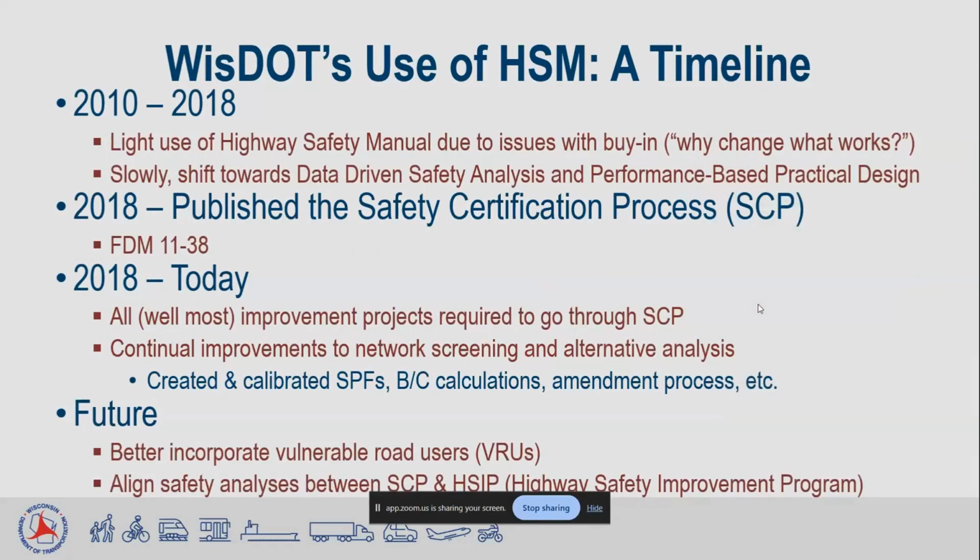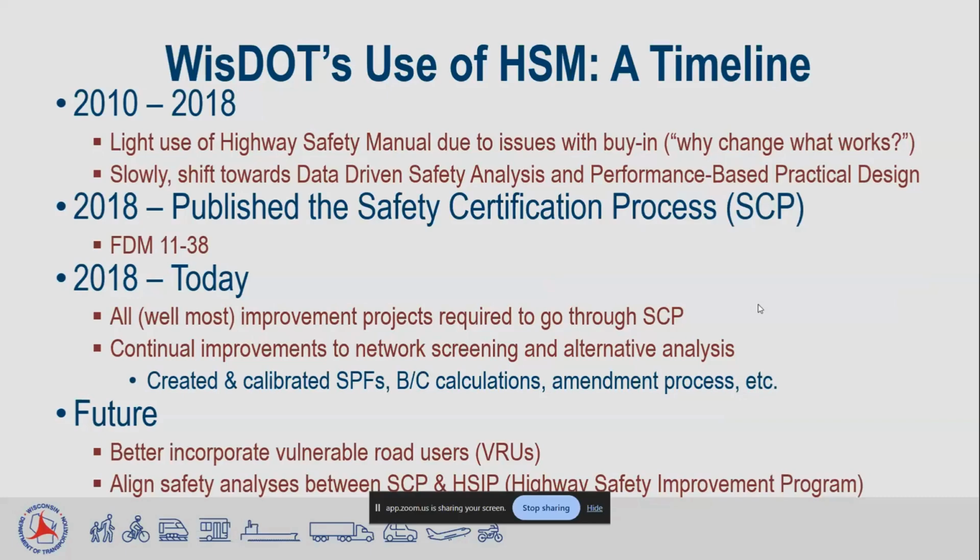To give a little bit more of a background, and like Danny, I'm going to go through this very quickly. For us, in terms of implementing the HSM or Highway Safety Manual, for a while we weren't doing anything with it when it first published in 2010.